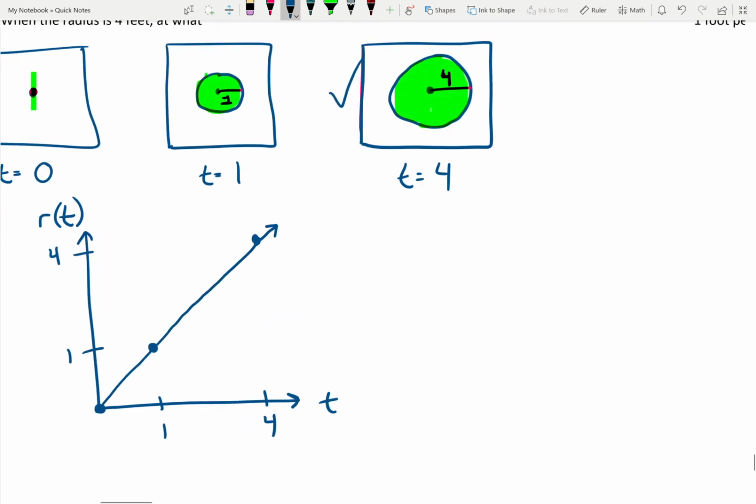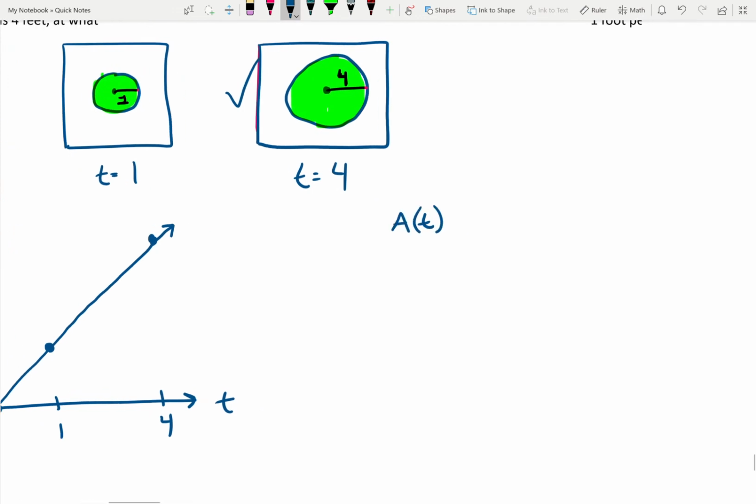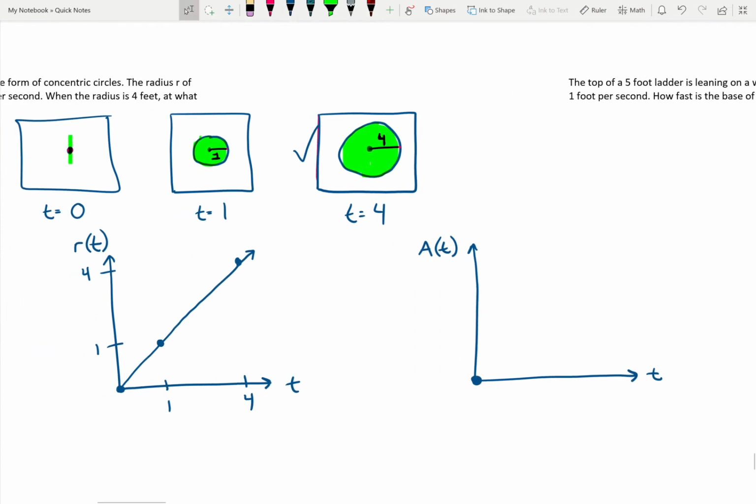Okay, and the area then, A of t, has probably a shape like this. When t is 0, the area here is 0. At time 1, what is my area?